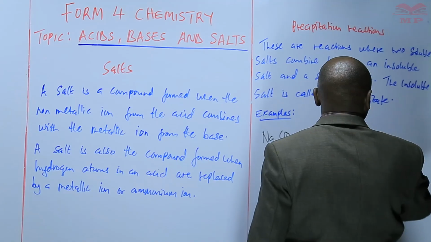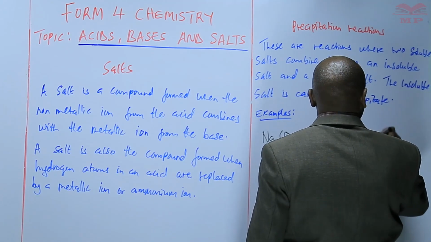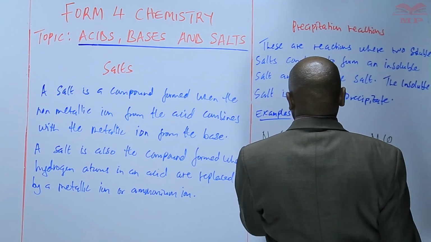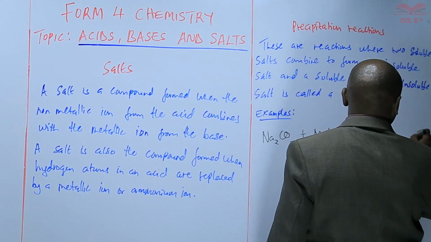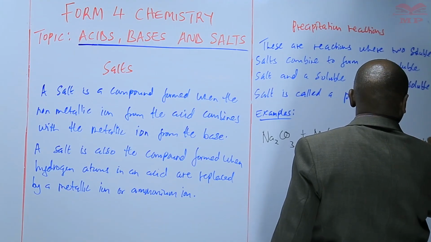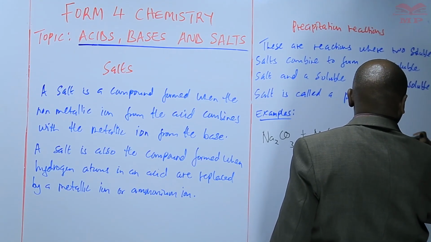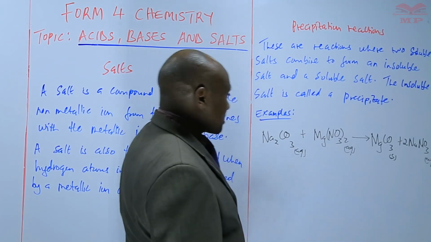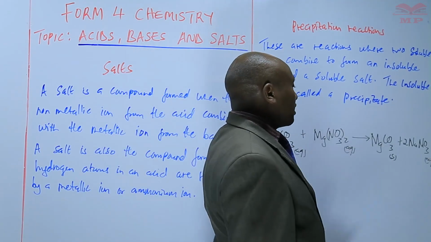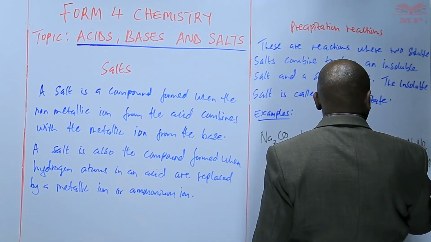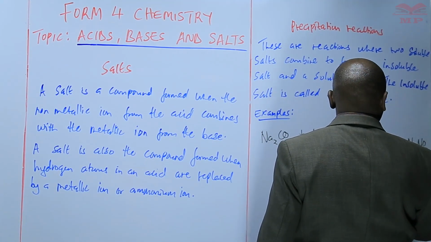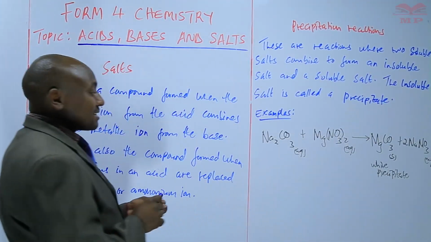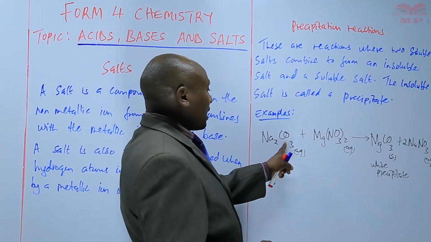So you have magnesium carbonate, which is insoluble, and sodium nitrate, which is soluble. If you balance the equation, it is balanced. So the magnesium carbonate that has been formed is a white precipitate.